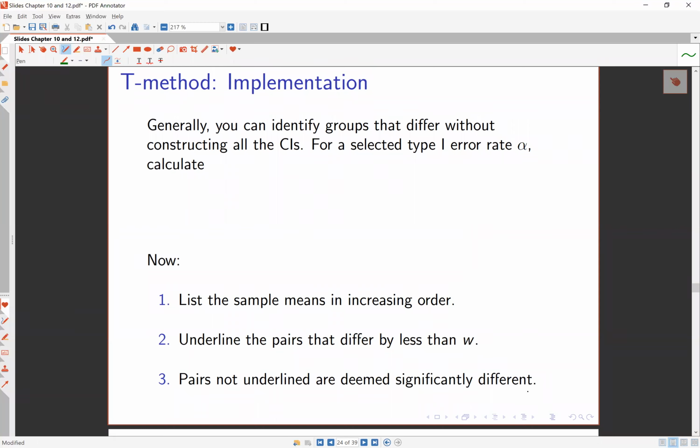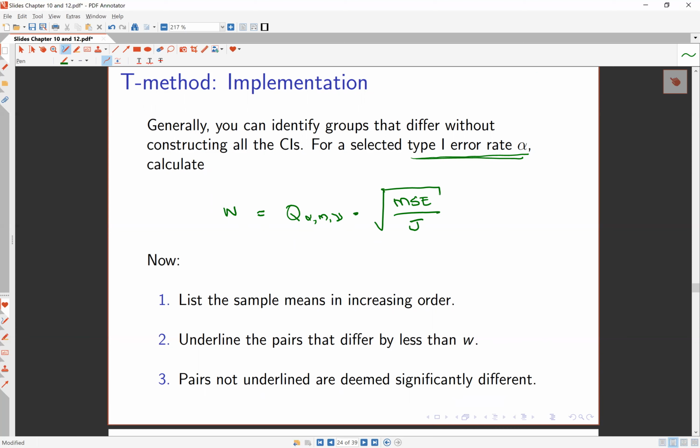The way the shortcut works is you first make sure that you specified your overall type 1 error rate alpha, and then using that quantity, you calculate the number W. That's defined as the Q value taken from the studentized range distribution multiplied by the square root of the mean square error over J. So it's the step length in the confidence interval formula on the previous slide.